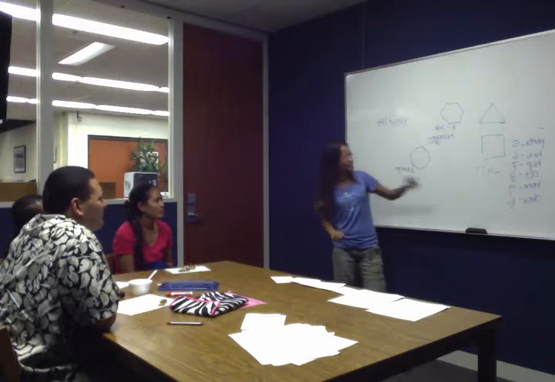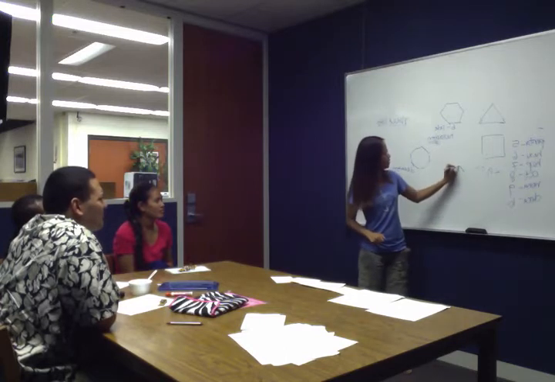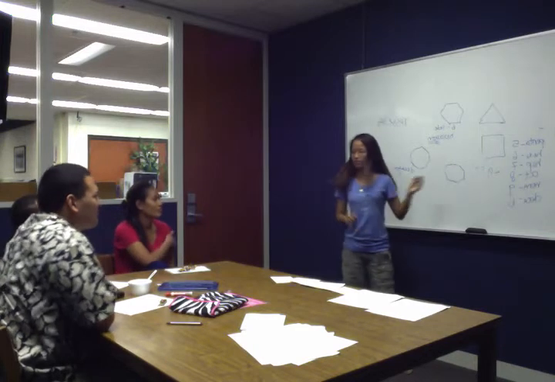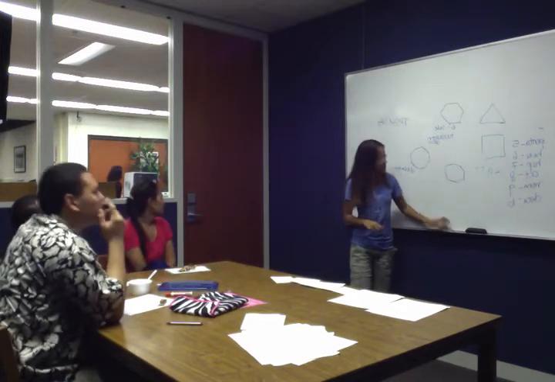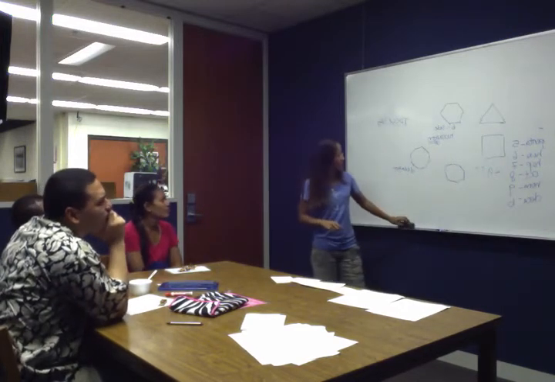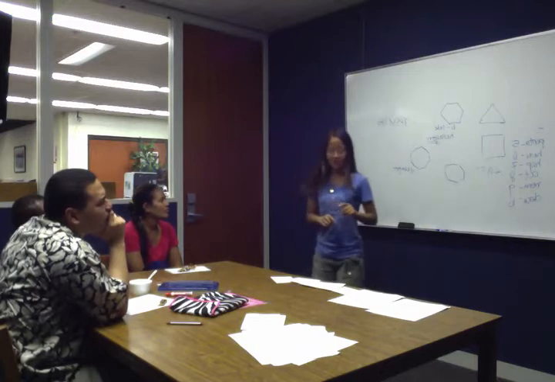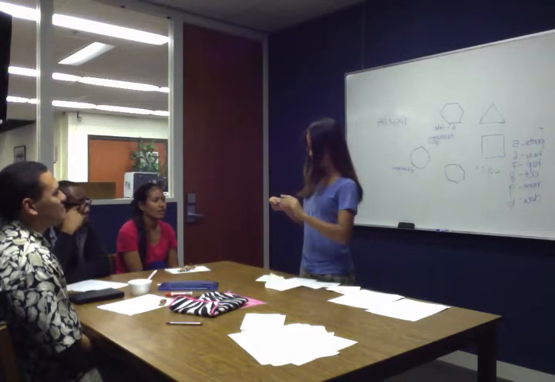And if we do an octagon: 1, 2, 3, 4, 5, 6, 7, 8. There you have it. Now, what's special about these shapes? I'm gonna pass one. This is a hexagon.